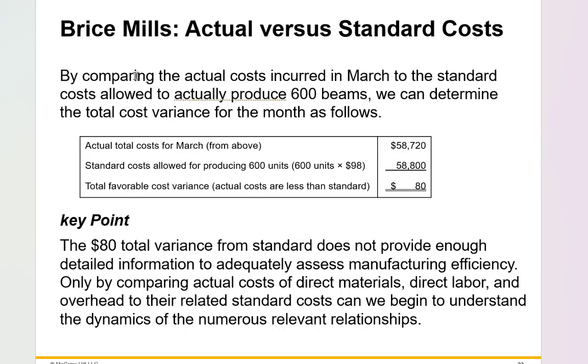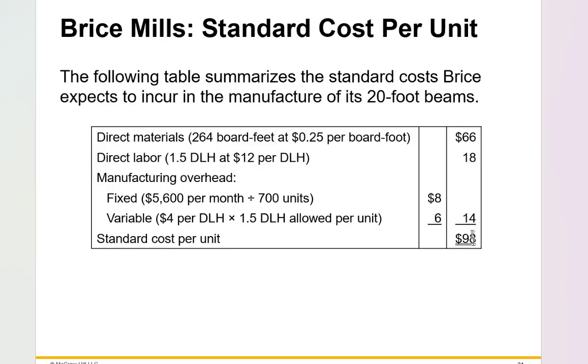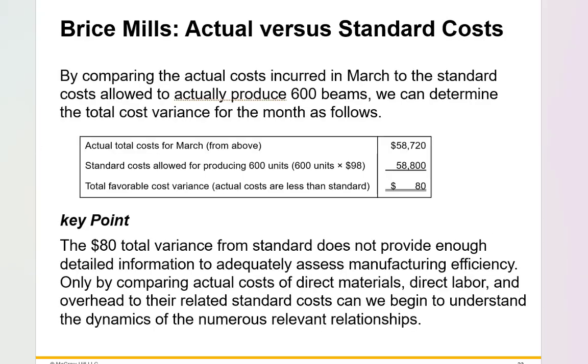Comparing actual to the standard cost, the total actual was $58,720, and the standard cost allowed for producing 600 units, going back, is $98 apiece. We see a difference here of $80. This is for everything: materials, labor, and overhead.